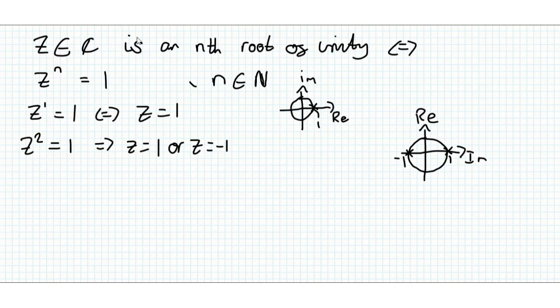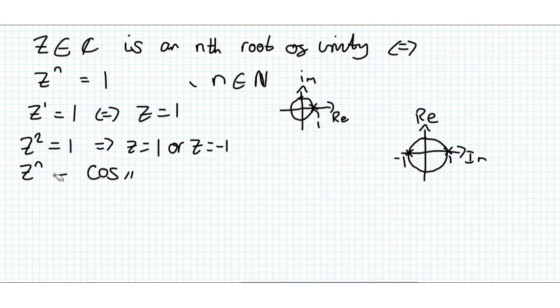So in general, a complex number z can be written in the form cos of, let's write this out slightly differently, because I'm skipping ahead a little bit.